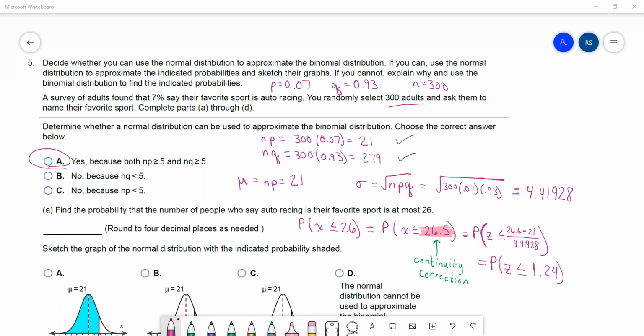This is going to be 0.8925. Okay, so that's how you do that one. So our probability here is 0.8925.